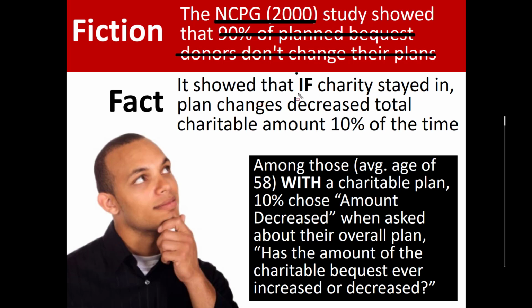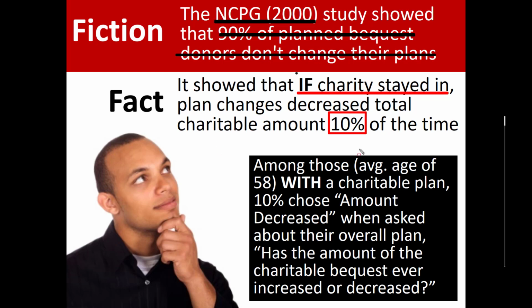But if the charity stays in the plan, so we don't have a dropping of the charitable component out, only about 10% of the time do they say, I've gone into my estate plan and I have decreased my charitable amount.